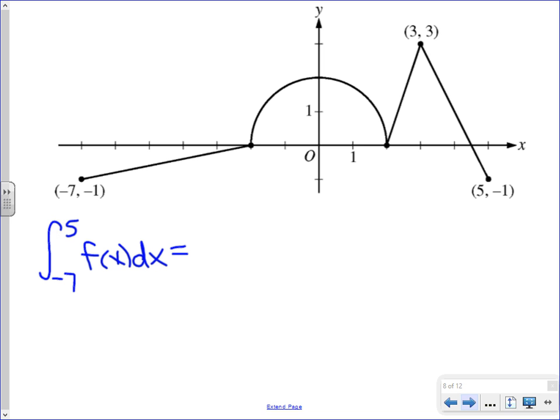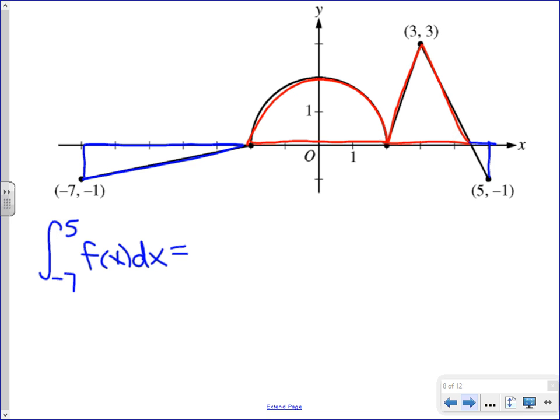Okay, so we have 4 calculations to make. We have negative area to account for here, positive area in a semicircle, positive area in this triangle, and then we have this little triangle here that we have to account for negative area.